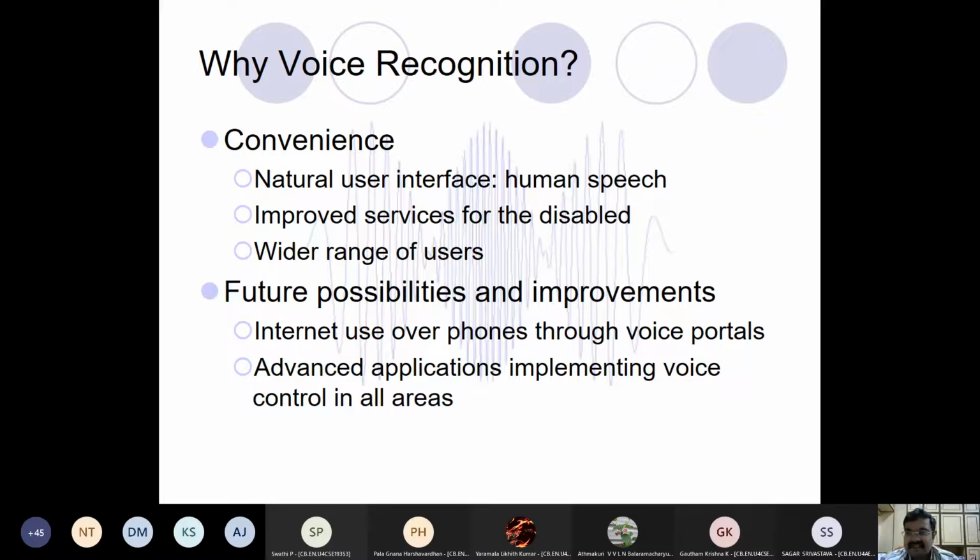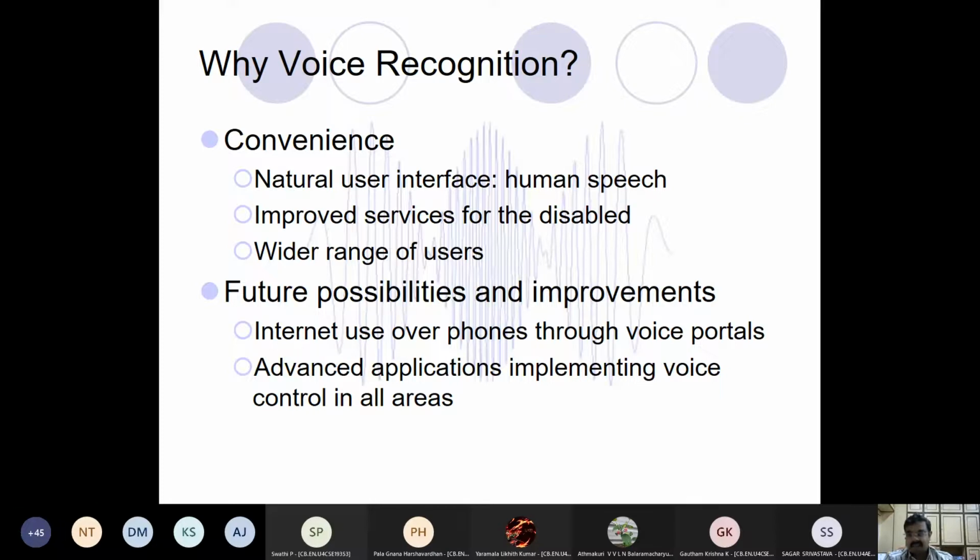The speech given by a person is recorded, just like you are giving your fingerprint. That recorded signal is stored in the database. The next time you give the voice or speech, it is again converted into a signal, and the original signal and the new signal are compared.